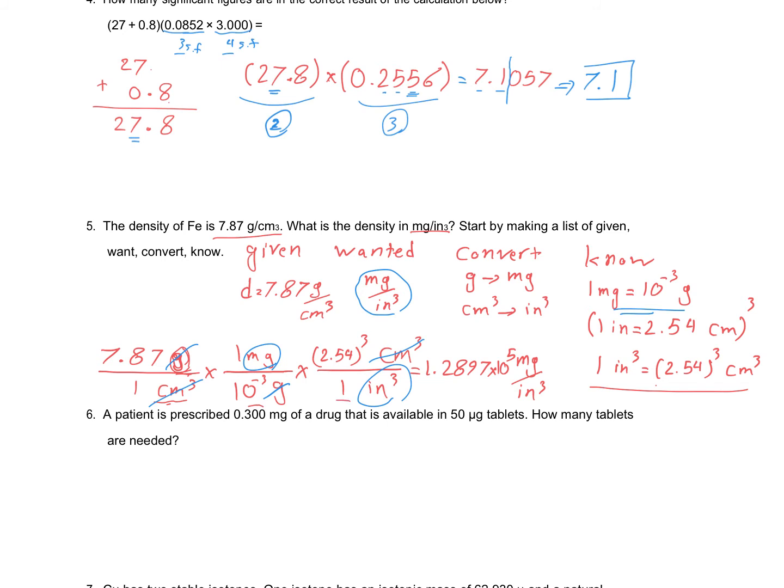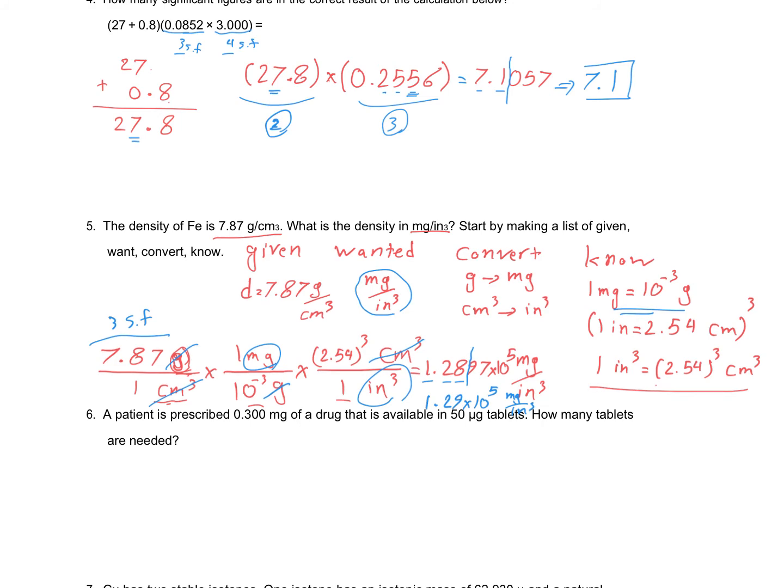So the first number that we started with had 3 sig figs, so the final answer also should have 3 sig figs. So it's 1, 2, 3, we cut it from here. The next number is 9, so we have to round up. So the answer is 1.29 times 10 to 5 milligram per cubic inches.